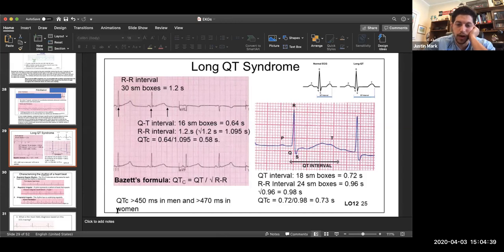Okay. So I think I said earlier, the normal QTc interval for a man is around 450 milliseconds. For a woman, it's about 470. And any lengthening of the QT could be very bad. I think it could lead to cardiac death. And I know you guys have seen Anki cards that say this drug prolongs the QT interval, right?